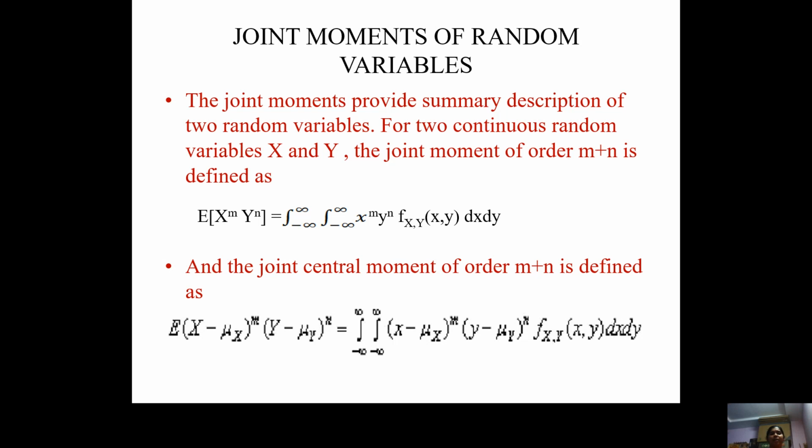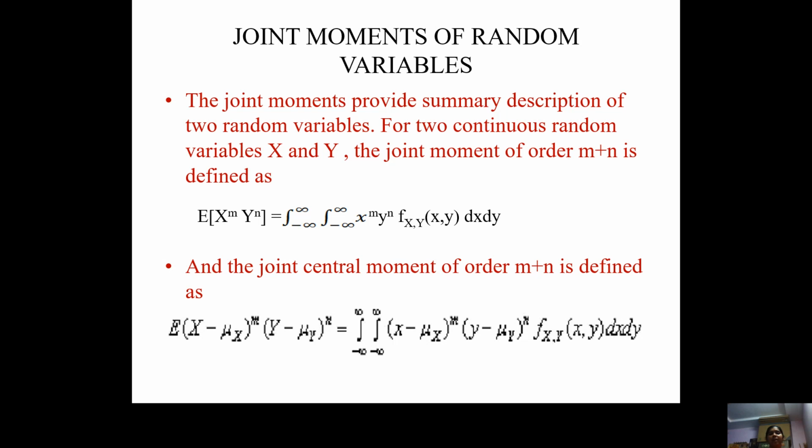So here we are going to study the joint moments of random variables, when we extend the random variables concept to n and m number of values. Joint moments provide a summary description of the two random variables. For two continuous random variables x and y, the joint moment of order m plus n is defined as follows.